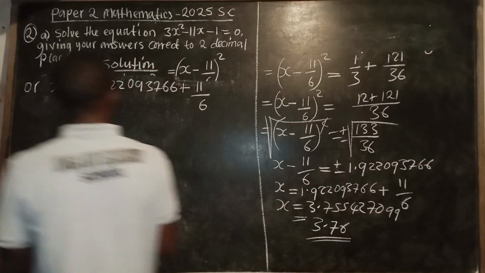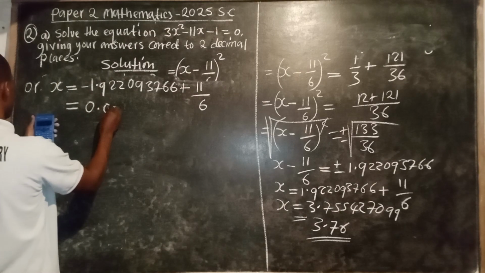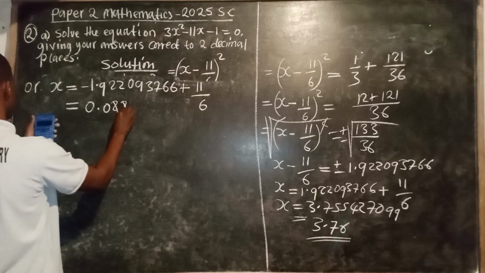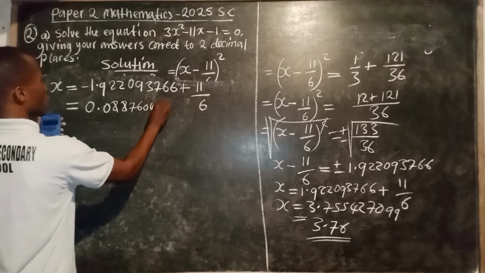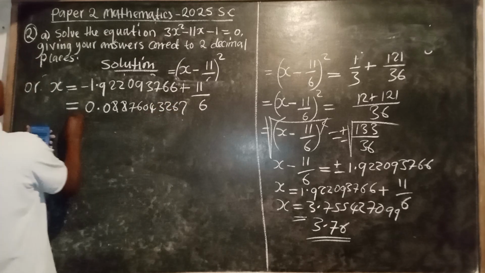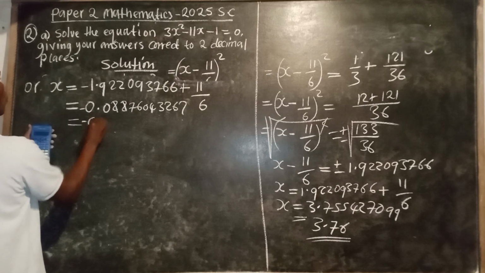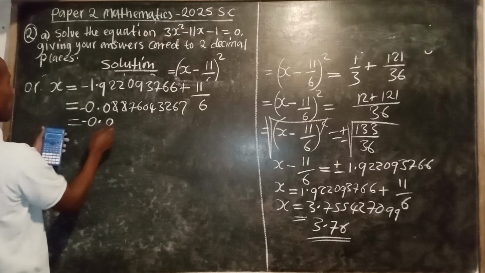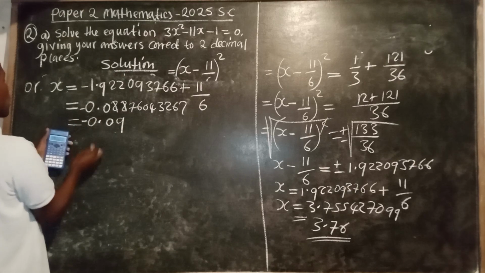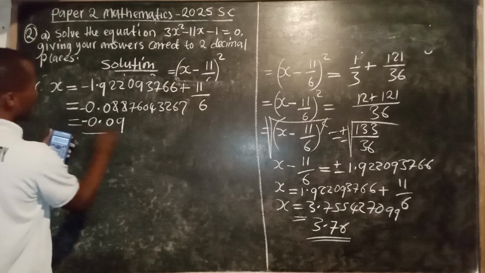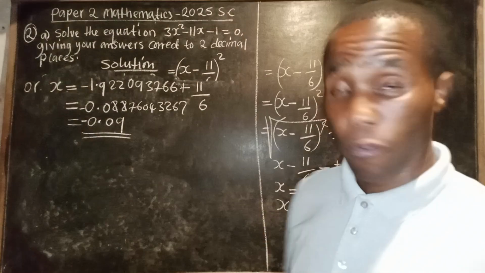The answer that we are getting here is 0.08876043267, and that is negative. So we can round off this one to two decimal places according to what they want. So 8, you get 1 from there. You are going to have negative 0.09. That is the other solution for the question.